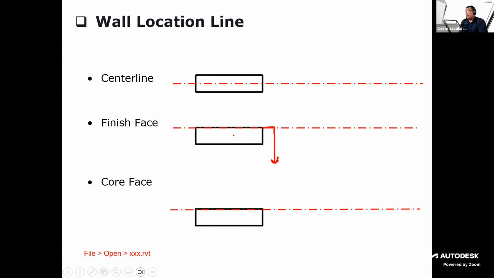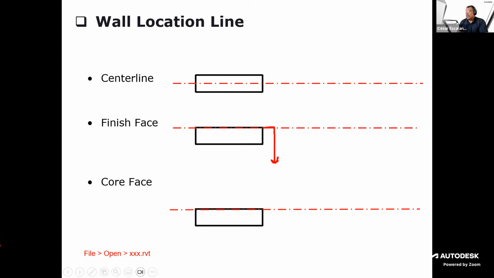And if you use the interior finish face, then it doesn't matter how the wall grows. It will grow towards the outside, and it will respect the opening of the shaft. It wouldn't overlap on top of it.